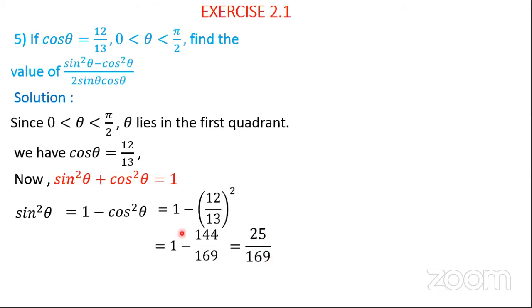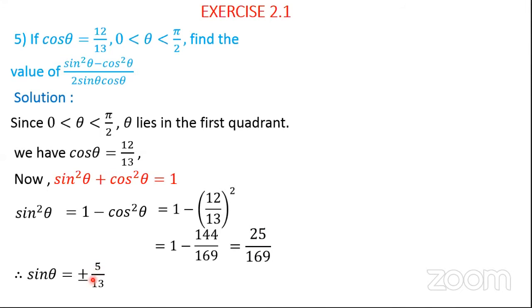Here it is sine square theta, but in the expression we require sine theta also. So we have to find the value of sine theta. For that, we are taking a square root on both the sides. By taking the square root, here we have sine theta, and since we are taking a square root, we have to consider both the possibilities, that is the value may be plus or minus.